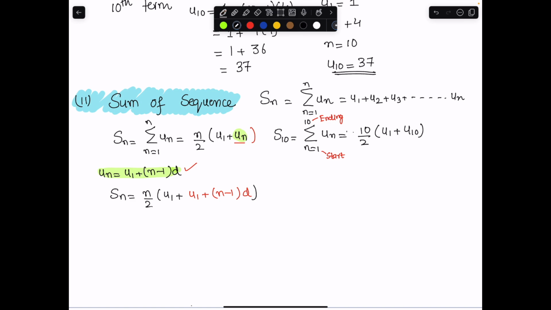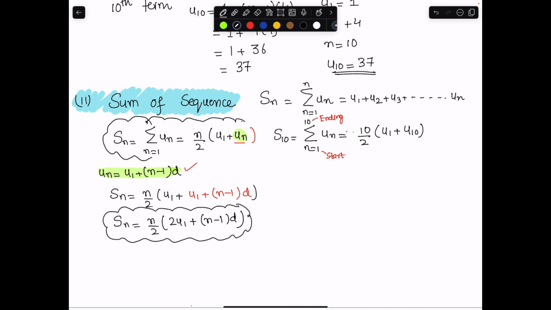By simplifying, you get n over 2, 2u1 plus n minus 1 into d. So this is another formula for the sum of the sequence. You would notice that both these formulas have different utilities as we move on into our examples and questions.